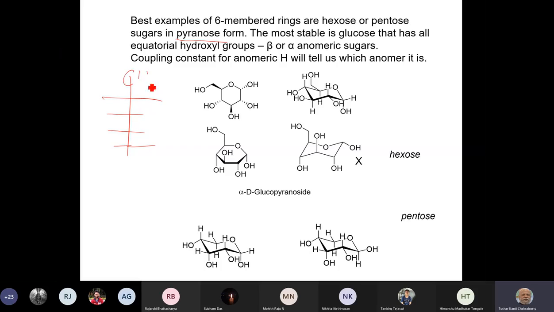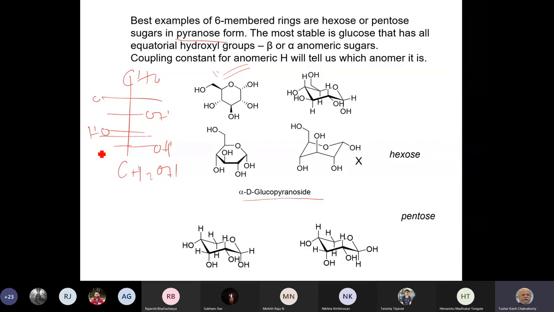This is a CHO, this is CH2OH, and different hydroxyls depending on what kind of sugar you have, like this. And then when you come to the higher class, like intermediate stage, then you learn how to draw the sugar structure in different ways. So I draw a structure of a glucopyranoside like this. It's a planar form. So it is called alpha D glucopyranoside.